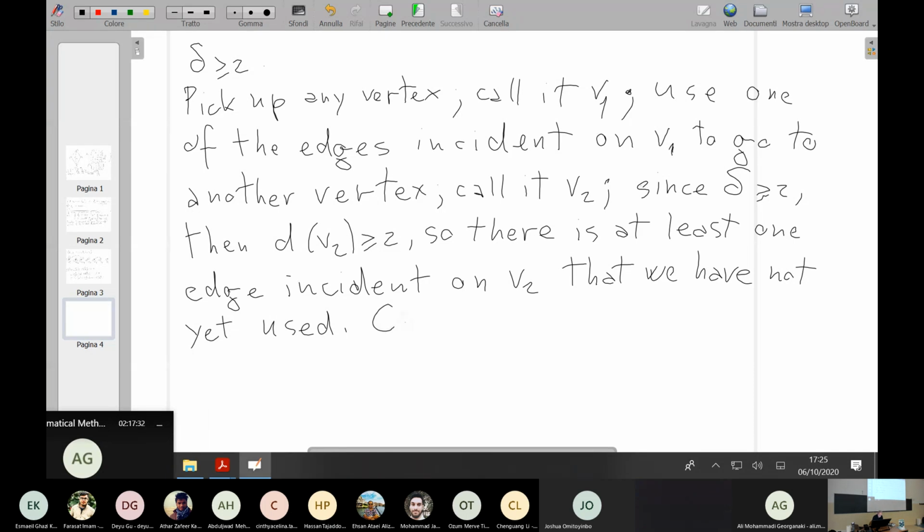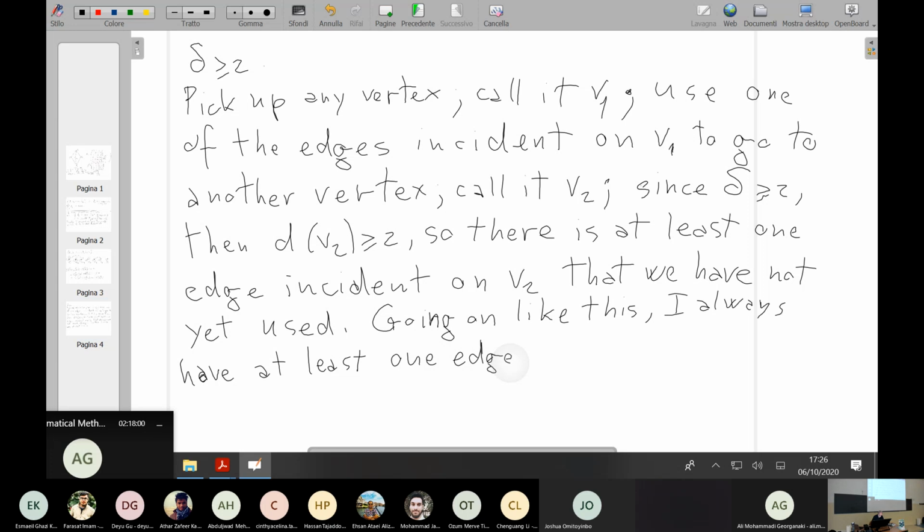Okay. Going on like this, I always have at least one edge to exit a vertex which we have entered.